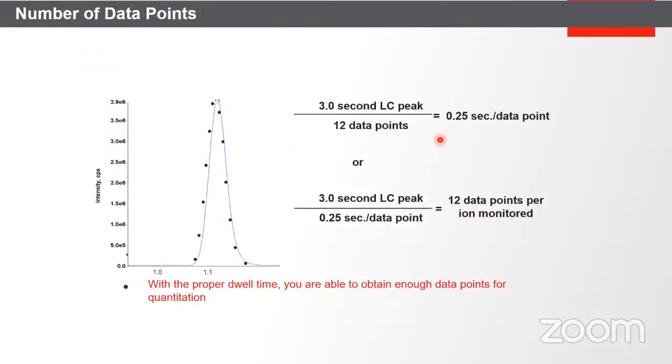Both are possible. And generally, for good quantitation, we need to have at least 8 to 10 data points on the UPLC scale. So till this point, I was just giving you a brief overview of the functioning of a mass spectrometer, different components and other things.